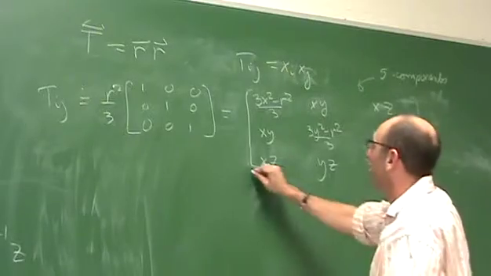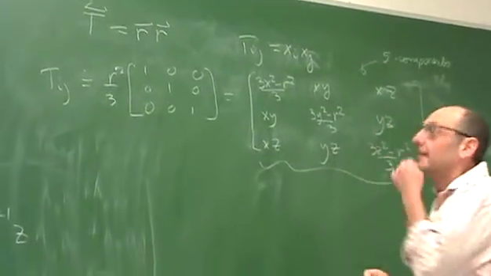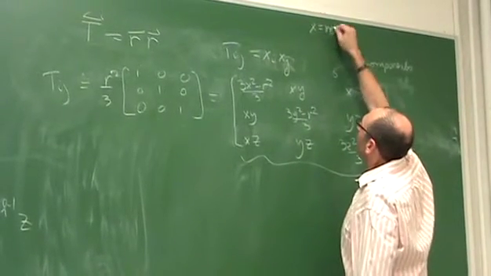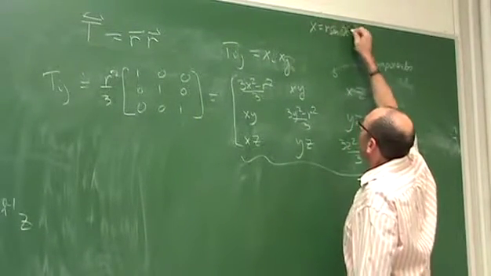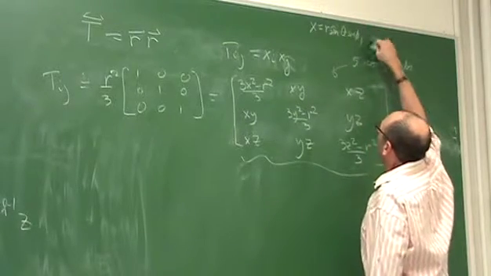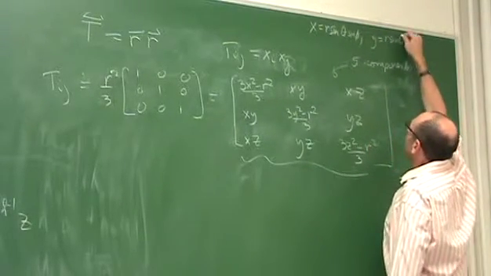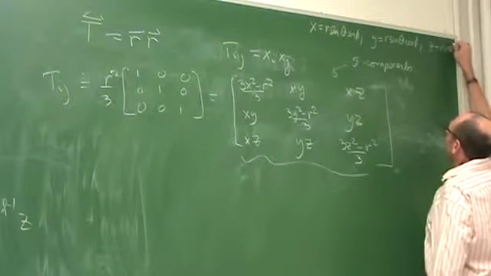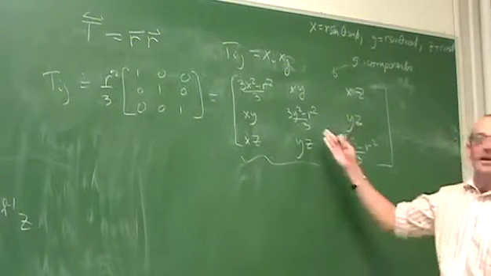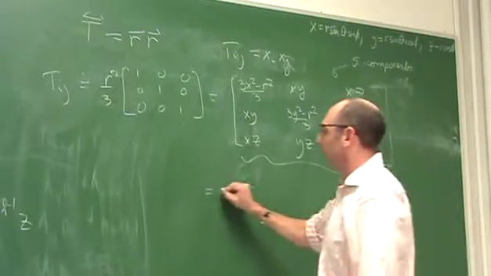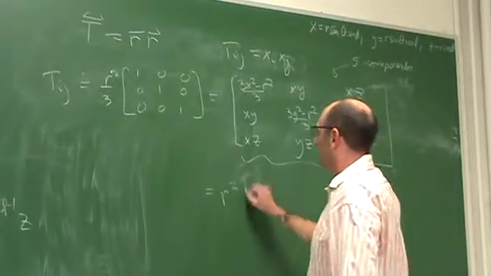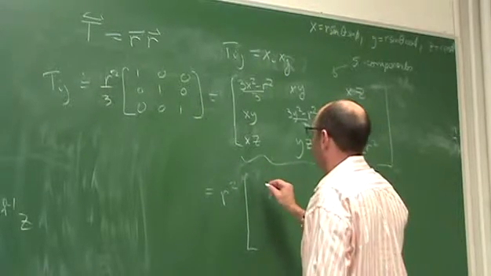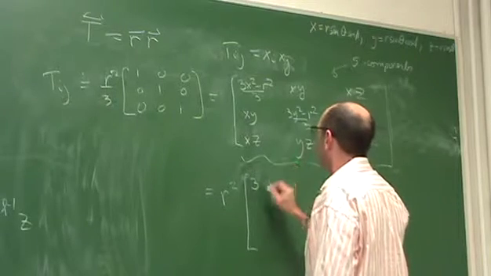So if I were to write this out now in terms of, right, x is r sine theta cos phi, y is r sine theta sine phi, z is r cos theta. Plug that in, I get the following. I get stuff.